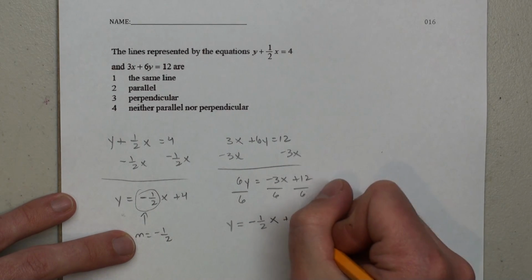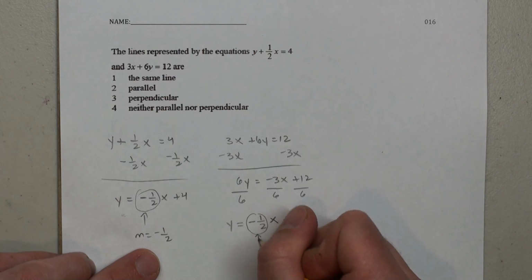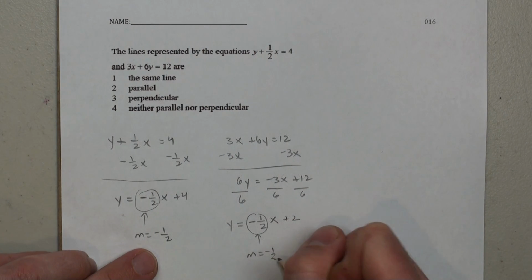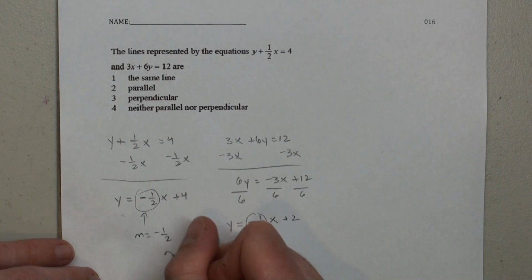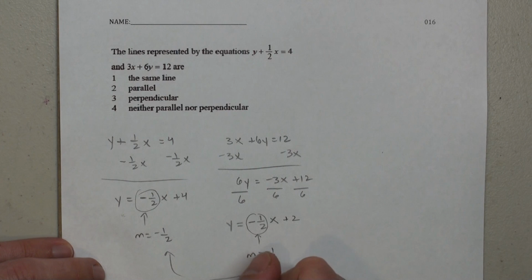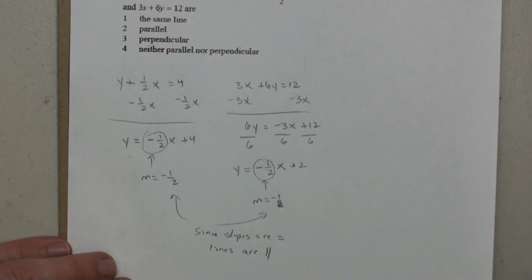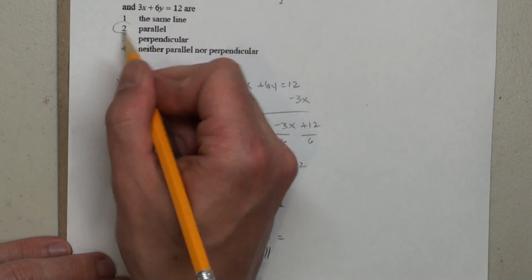Here's my m, negative 1/2. So, since slopes are equal, lines are parallel. Okay? So, it's choice 2.